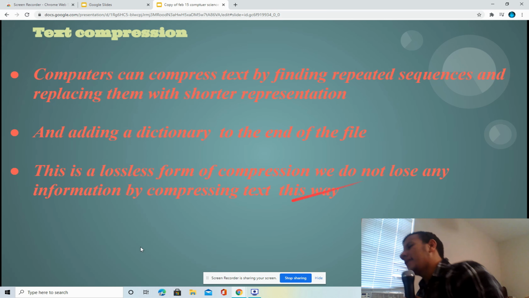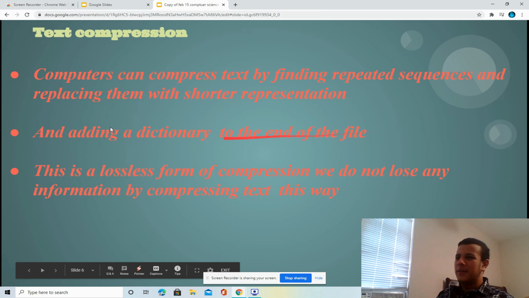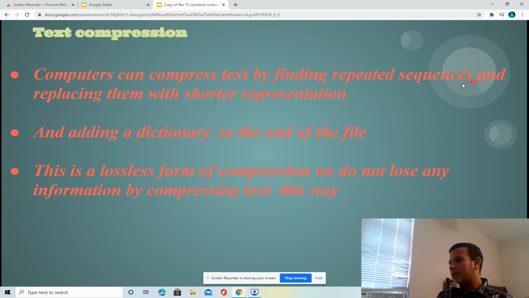If you remember from 2 lessons ago, this was text compression. So the idea here is we find repeated sequences of characters, and then we replace them with a shorter representation, and then we always have to remember to add a dictionary to the end of the file.